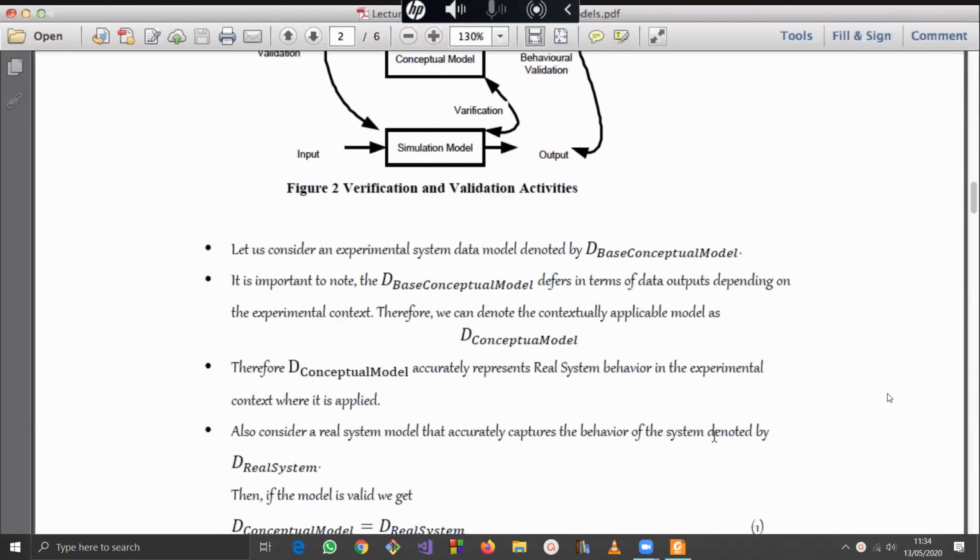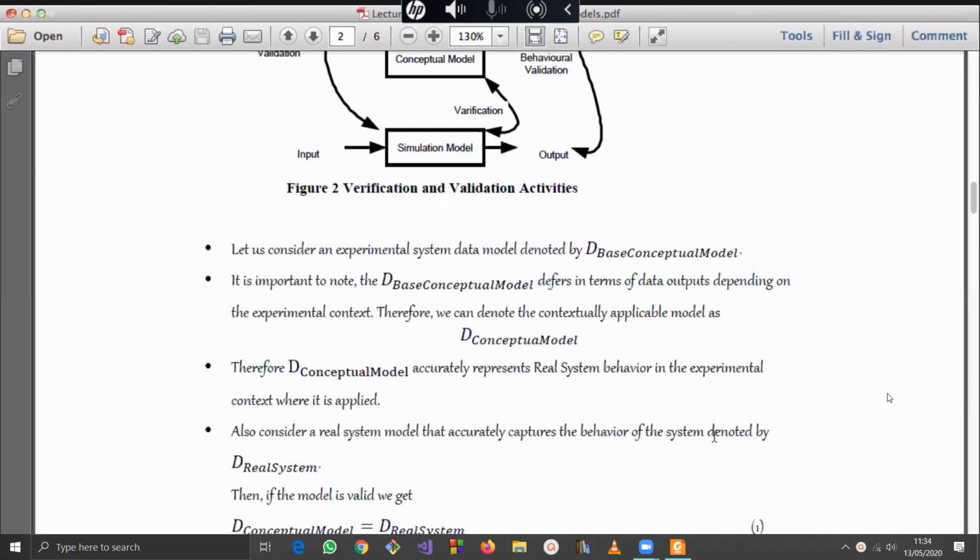We then moved on to now start representing this in a mathematical kind of form. So we said that you can have what we call a base conceptual data model. And in the base conceptual model, we say that this is really an experimental setup.